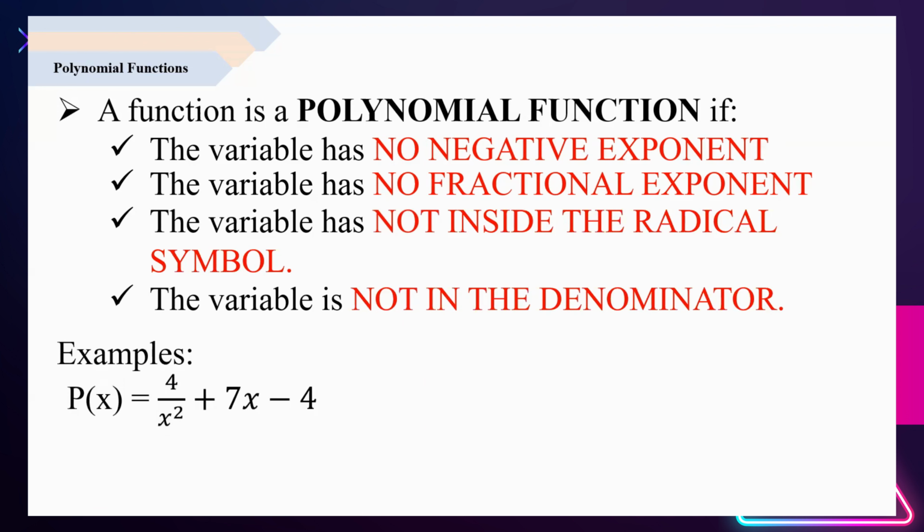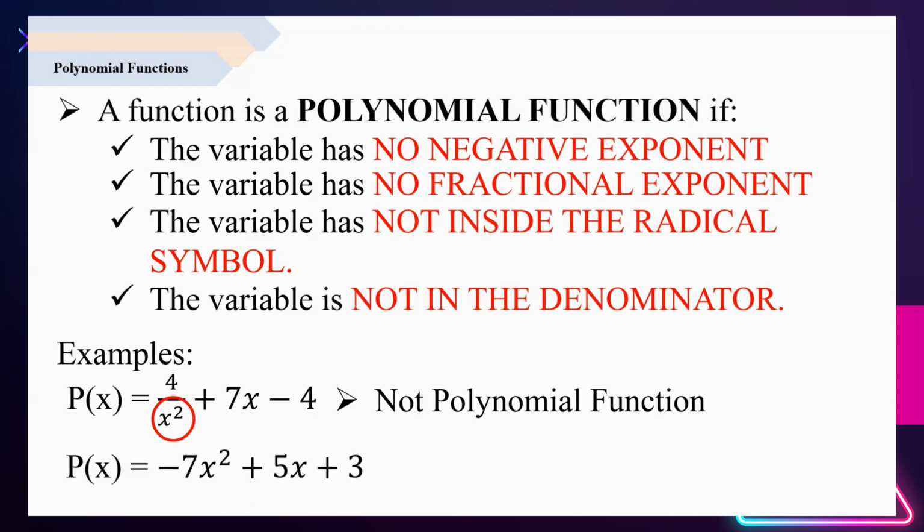Halimbawa, p of x is equal to 4 over x squared plus 7x minus 4. That example is not a polynomial function kasi where is what? There is a variable in the denominator, which is the number 4 condition na dapat walang variable sa ating denominator.